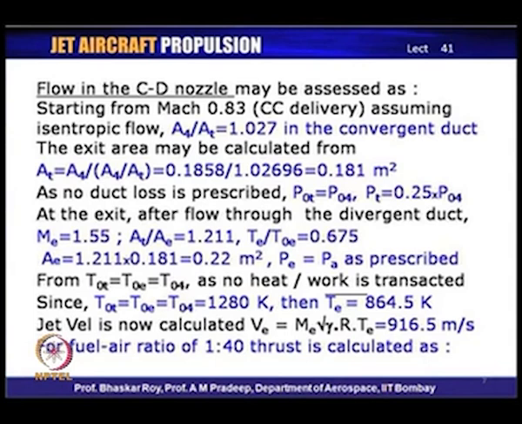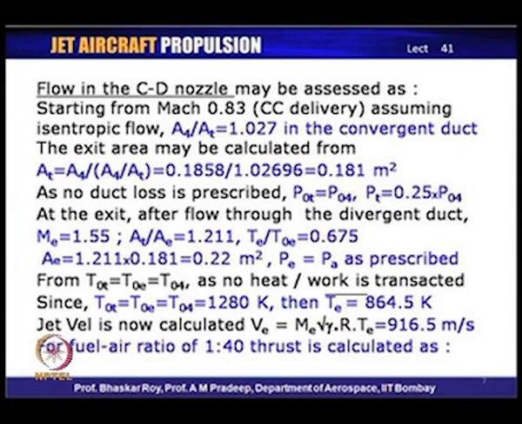The corresponding area ratio at the nozzle exit face would be 1.211, and the static to total temperature ratio is 0.675, and hence the throat area compared to the exit area is 0.22 meter square.